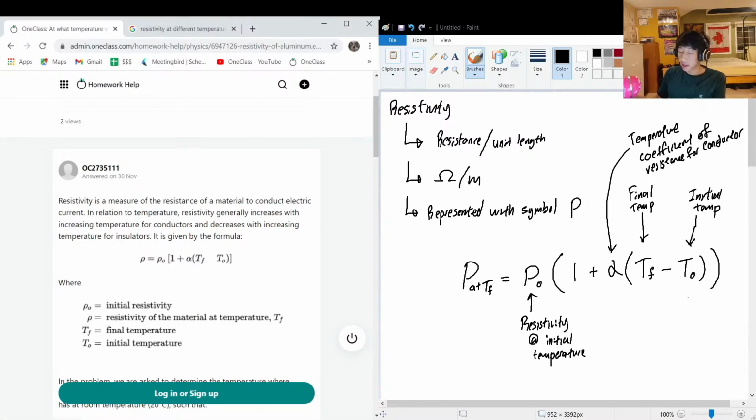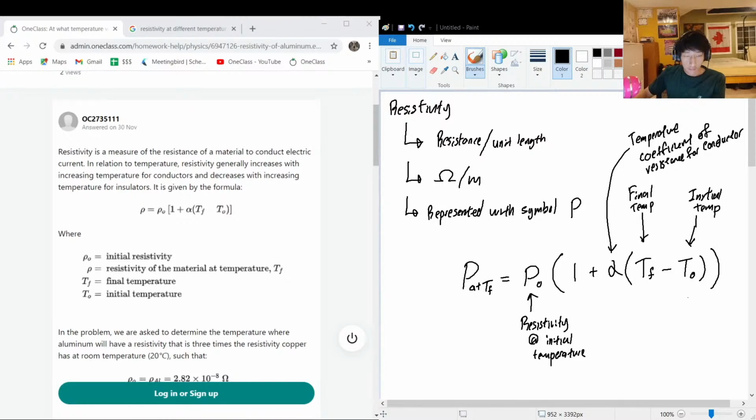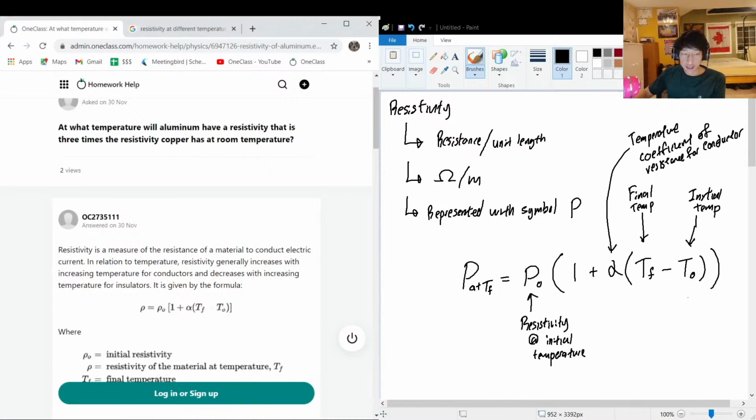That is dependent on the particular conductor you're using. Aluminum might have a different value for alpha than copper or zinc. All those different metals are most likely going to have different temperature coefficients of resistance. Okay, and the question is asking us, at what temperature will aluminum have a resistivity that is 3 times the resistivity of copper at room temperature?